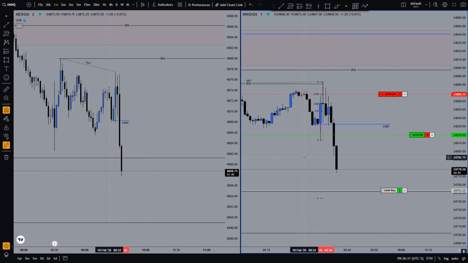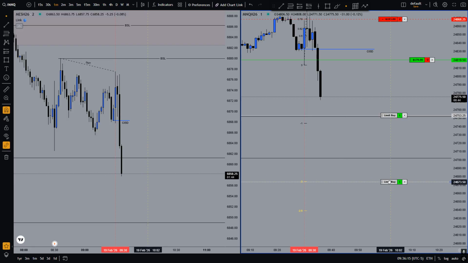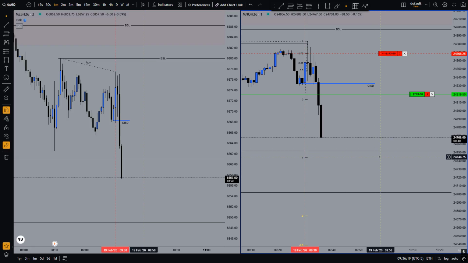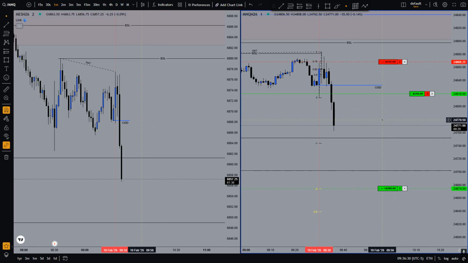See where standard deviation is, and limit buy another 1 here. We're gonna go break even here actually, at this low. And then we can look for standard deviation here.